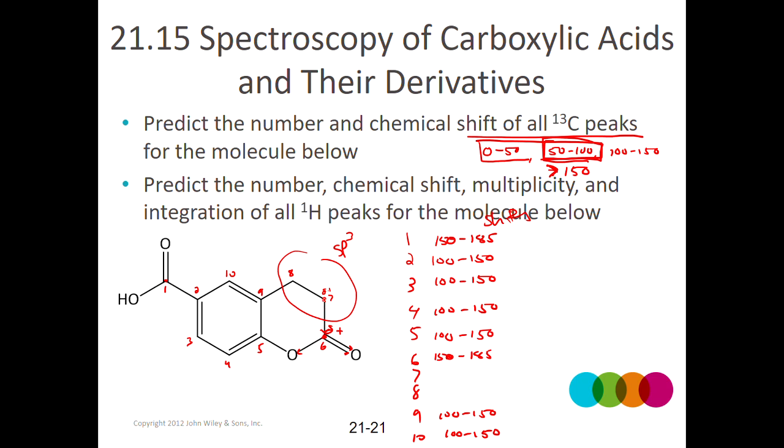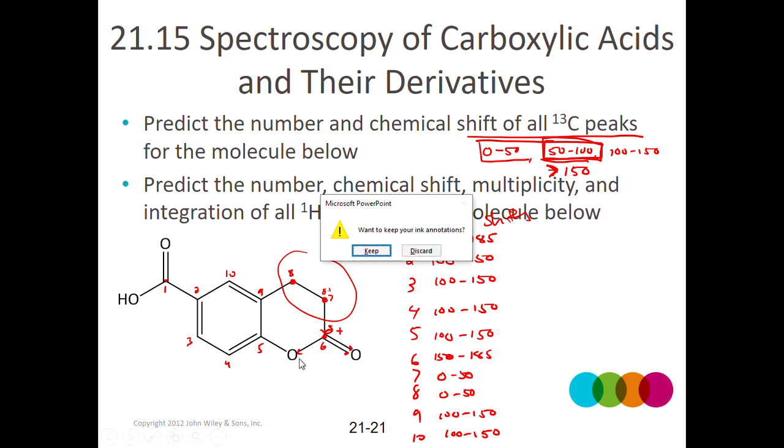But since there's no highly electronegative atom directly attached to carbon 7 or 8, I don't expect them to be deshielded enough to be above 50. They might be close to 50, but definitely below 50. This one being benzylic, it's going to shift it maybe around 20, 30, or 40, but it won't be above 50. We can say the same thing about carbon 7.